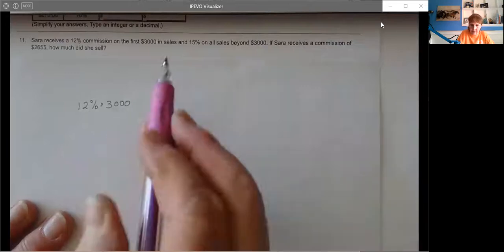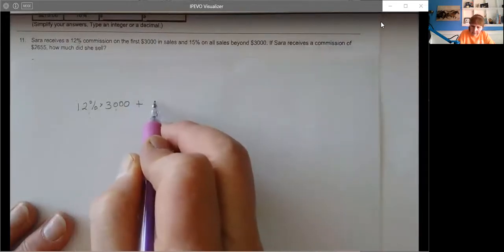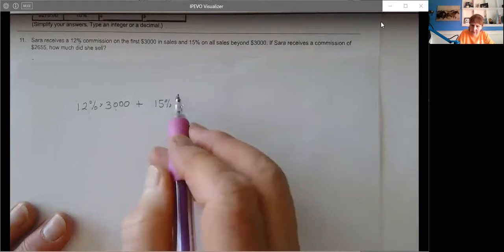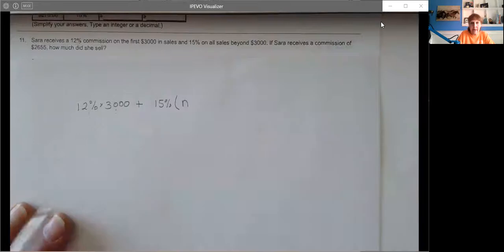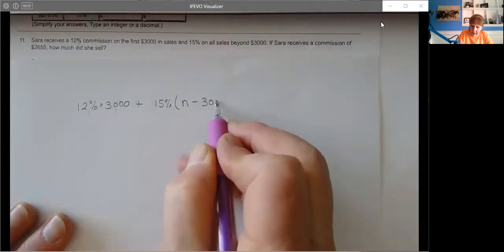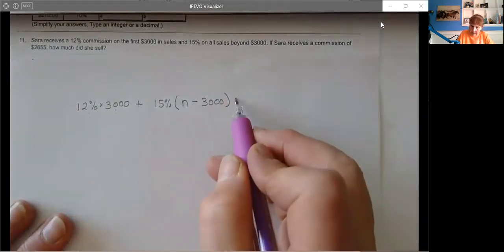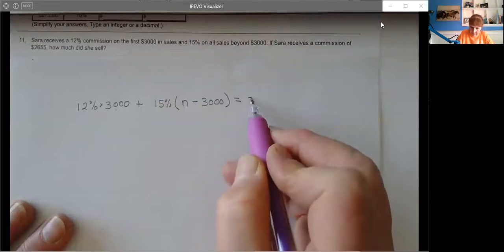That's how much she's going to make on the first 3,000, plus 15% over 3,000. To find out how much over, you take her total sales, which we don't know, and you subtract 3,000. And that is going to equal her commission.